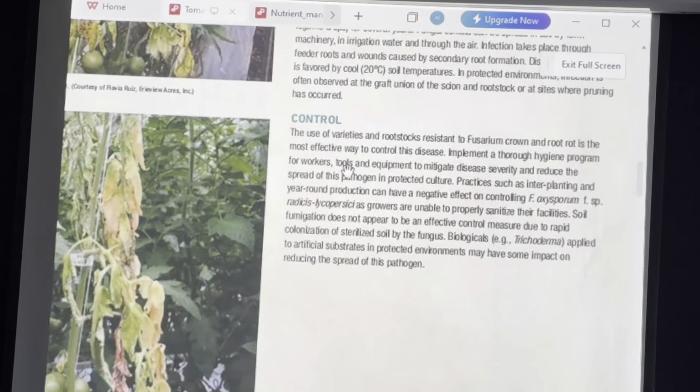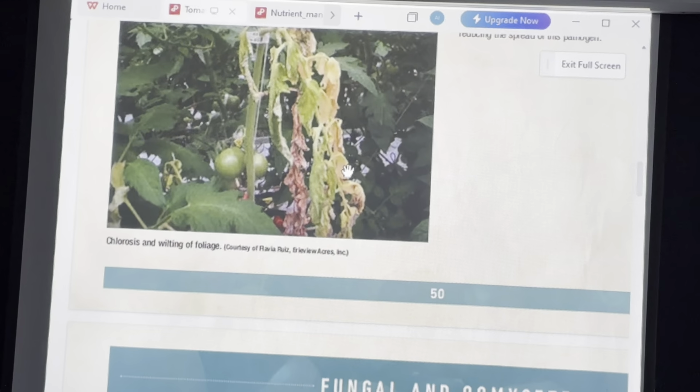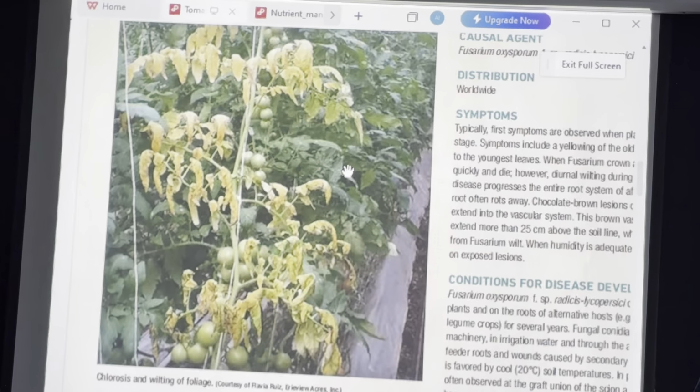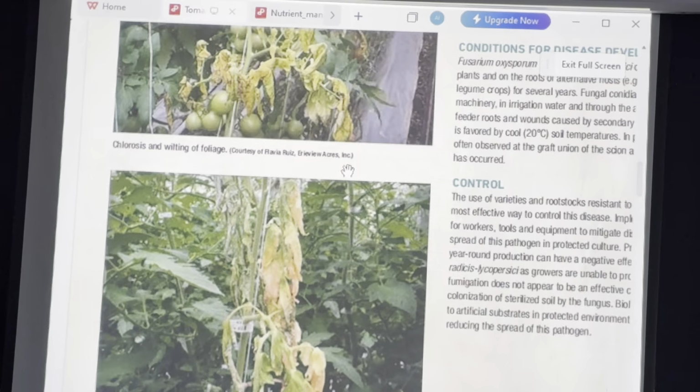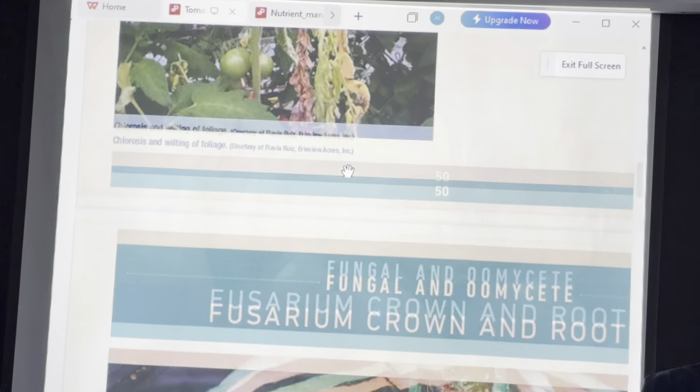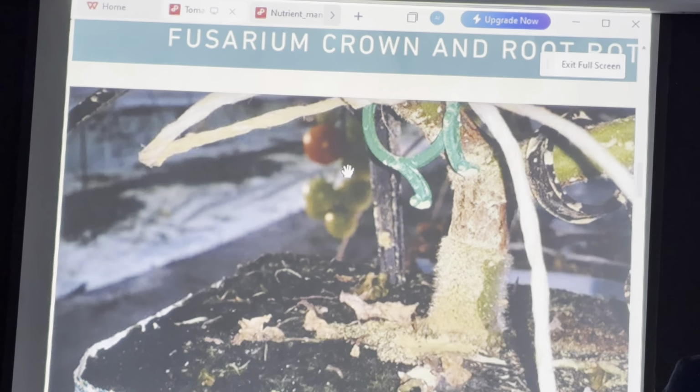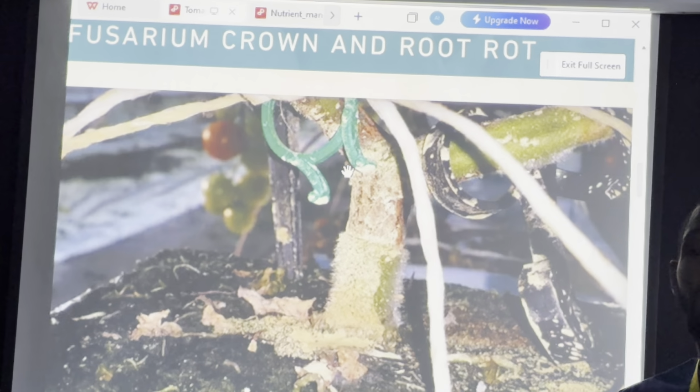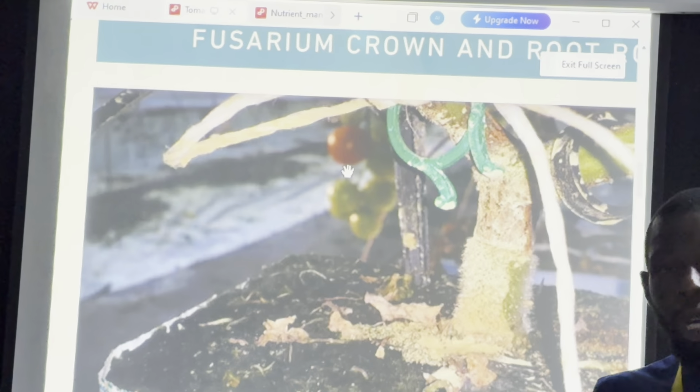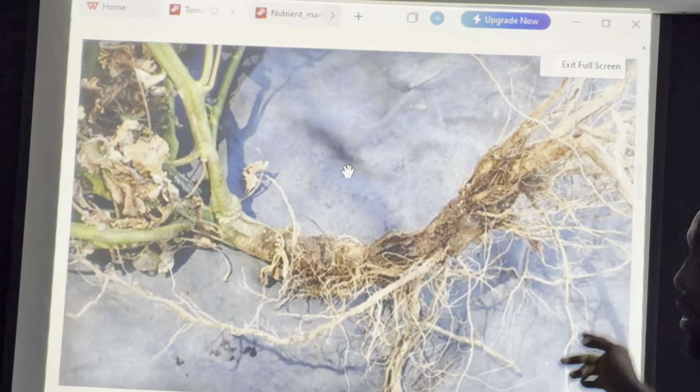Next slide. Like I mentioned, crop rotation: if you want to plant tomato inside a particular greenhouse, make sure that same greenhouse has not been used for another solanaceous or legume crop, like it was explained.